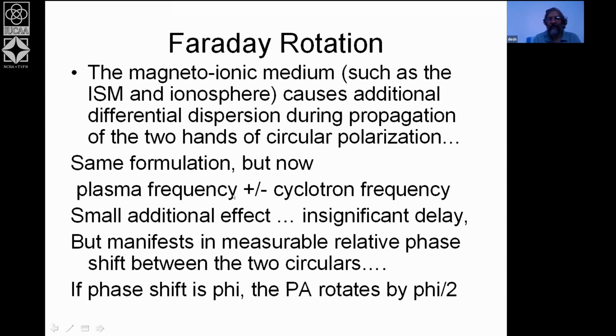You will find that you change the situation only a tiny bit, and the effect is very small, but it results in appreciable phase changes, although the delays associated with that might be really small. This is what leads to a relative phase difference between the two circulars. So for example, imagine the two circulars had begun with equal phase at some orientation. Now you had a phase difference created between them. So let's just move one of them by some angle.